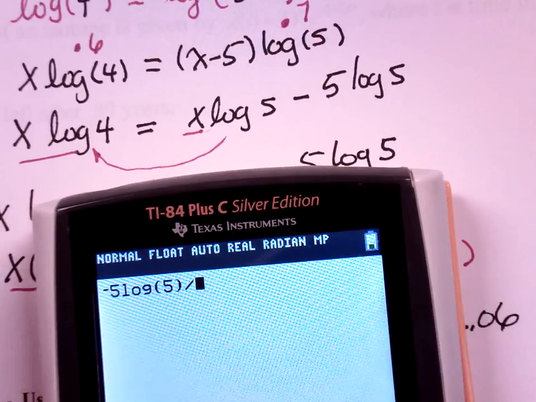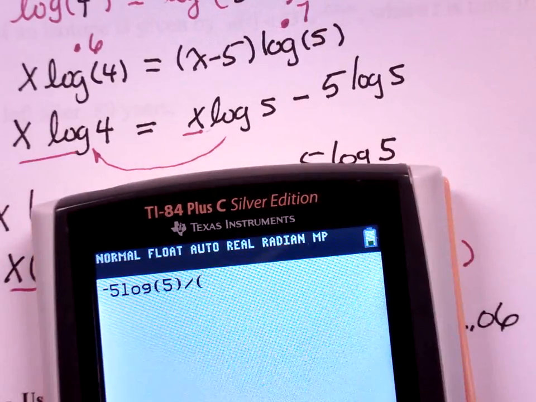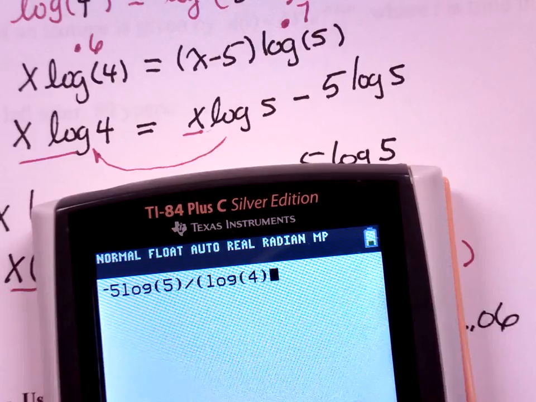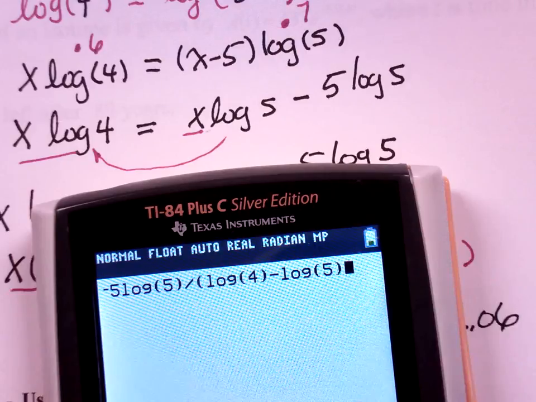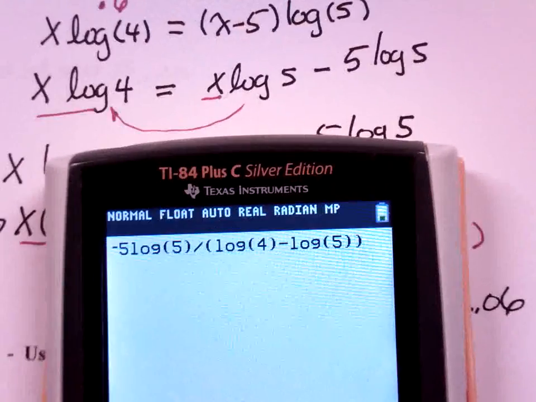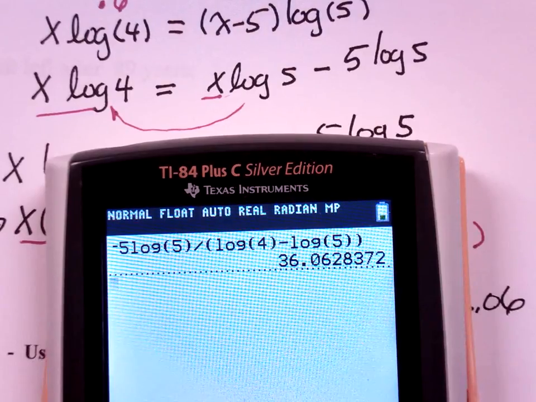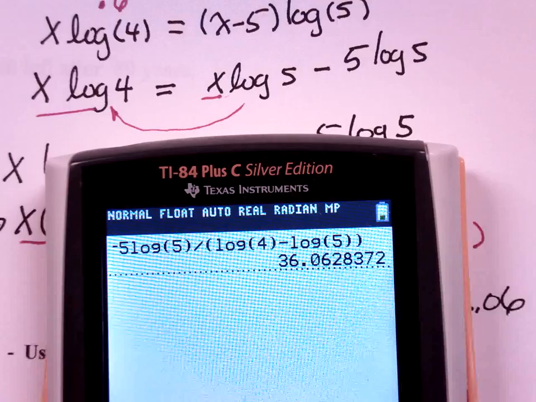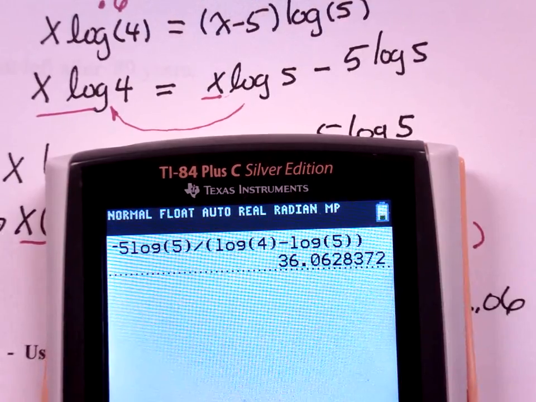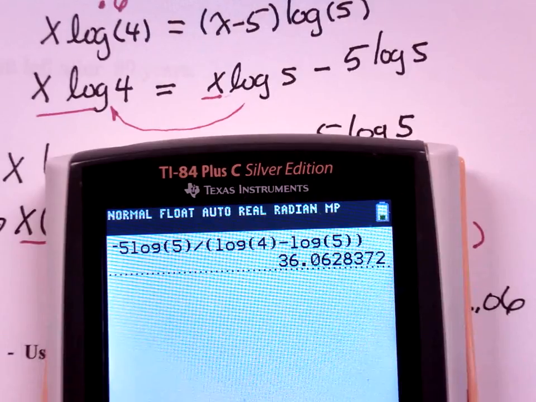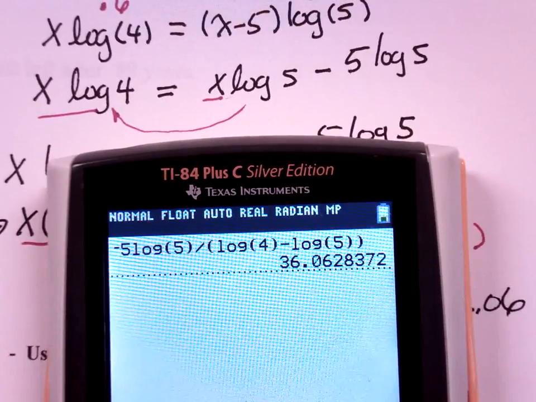So you have to put the denominator in parentheses, and that's log of 4 minus log of 5. You could take the numerator, get a number, take the denominator, get a number, and then divide. It's hard because that denominator is more than one term.